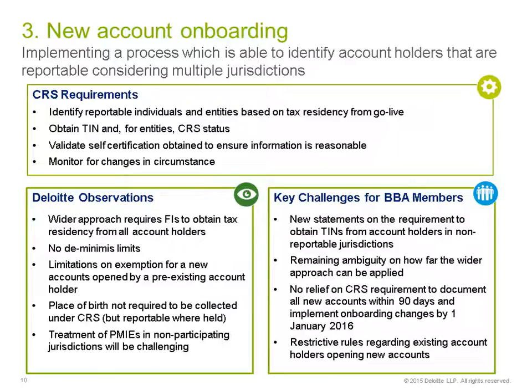There's been a lot of debate around this concept of the wider approach, and that is the process with which financial institutions can obtain the tax residency from all account holders rather than those in scope. And I've got another slide that I want to take everyone through shortly.